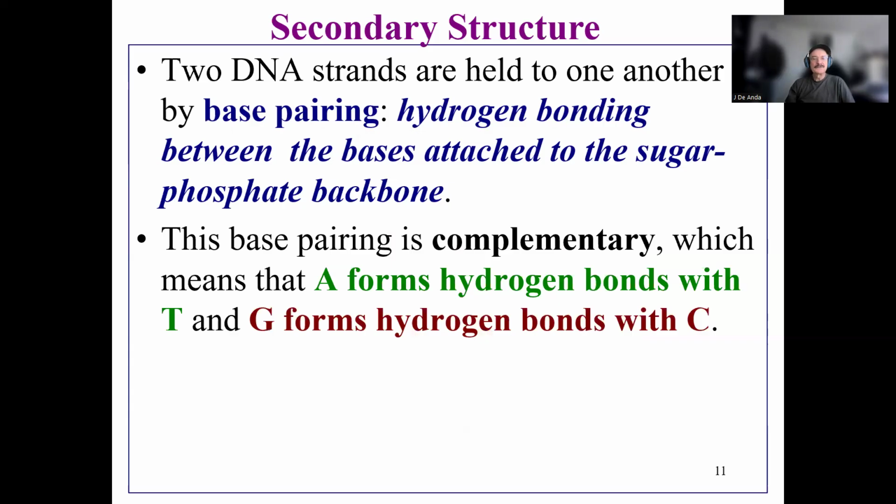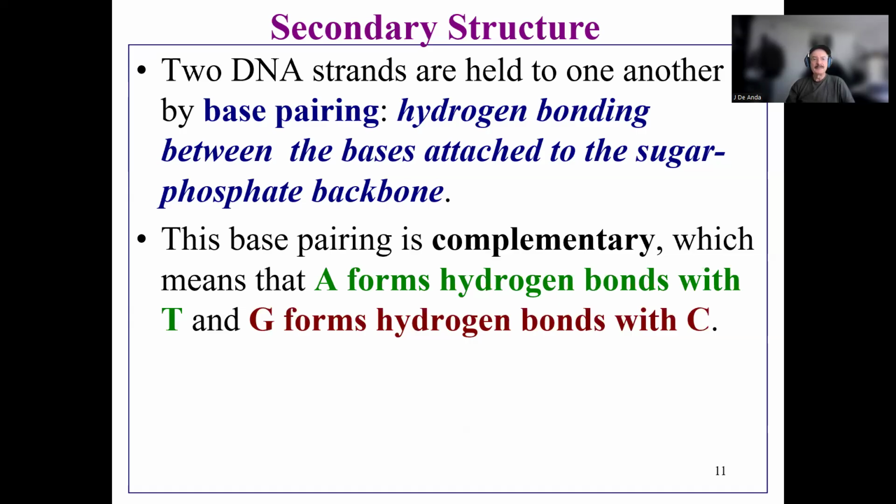And the way it works is very exclusive in that the base adenine or A can form hydrogen bonds with thymine or T, and guanine or G can form hydrogen bonds with cytosine or C. And this is very important because, when you see the structure, you'll realize that the only way you can fit these bases inside this structure is if they pair this way.